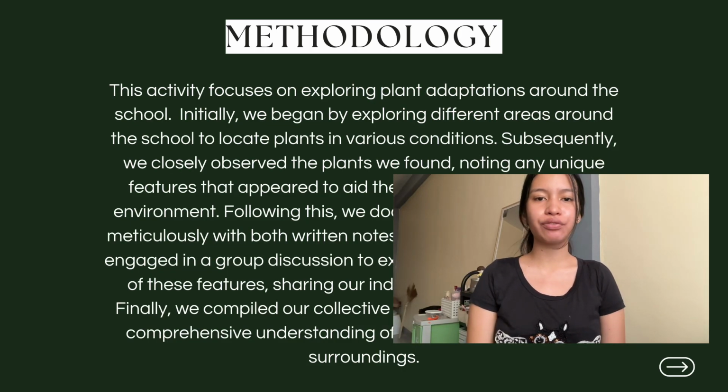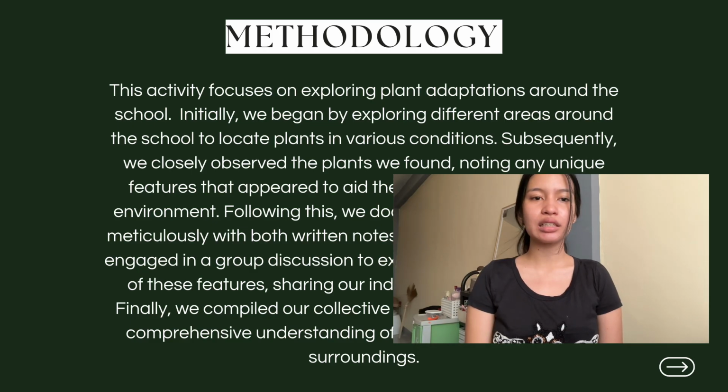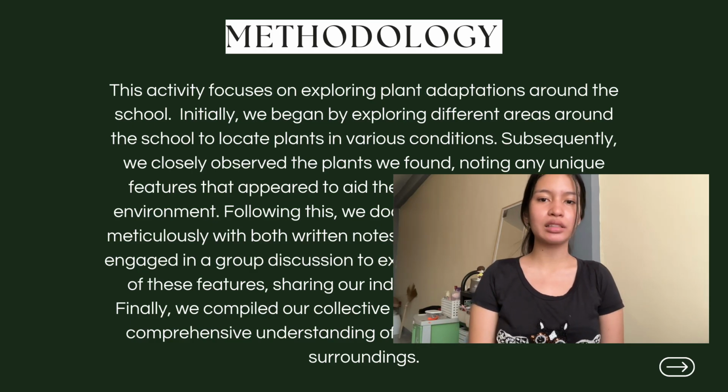This activity focuses on exploring plant adaptations around the school. Initially, we began by exploring different areas around the school to locate plants in various conditions. Subsequently, we closely observed the plants we found, noting any unique features that appeared to aid their survival in their specific environment.